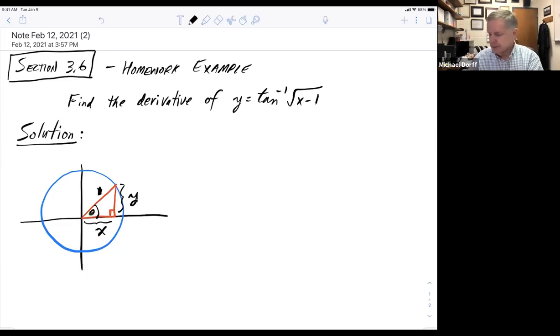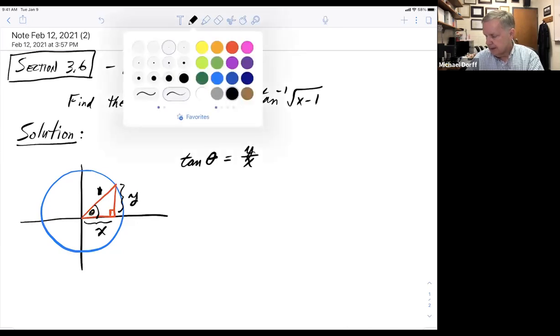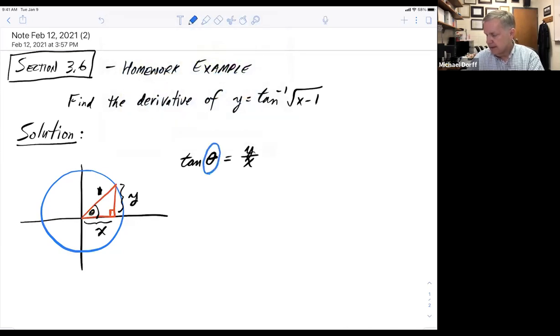So in this diagram, the tangent of theta equals y over x. I'm taking the tangent of an angle and getting a ratio of lengths.